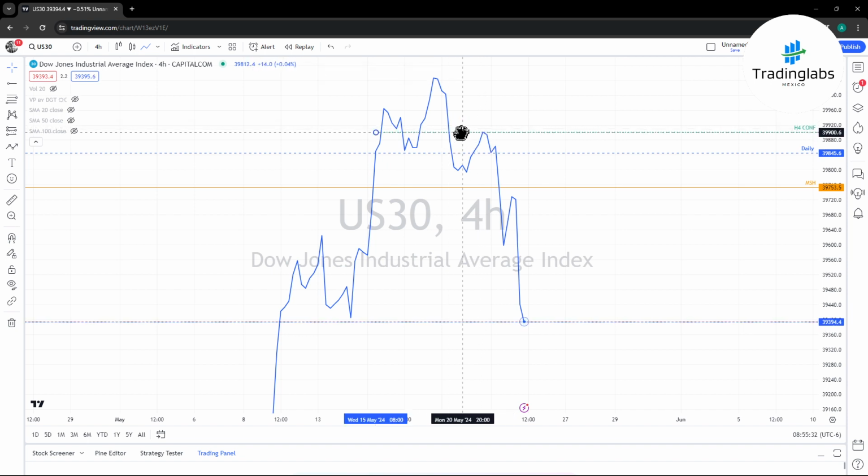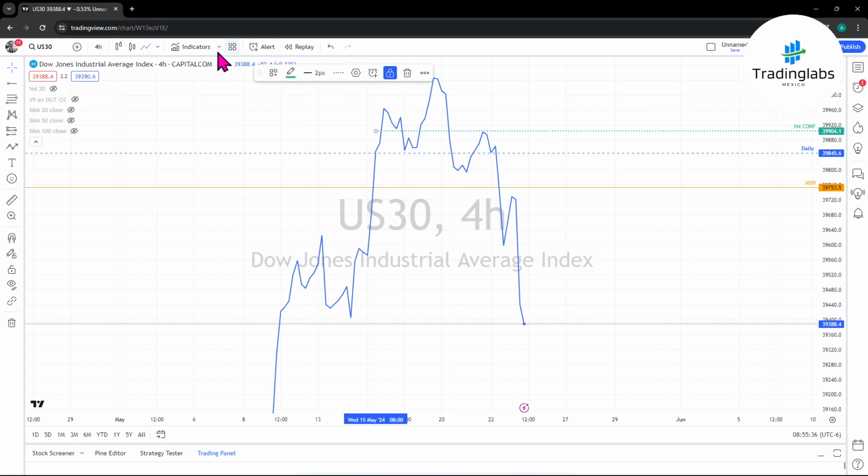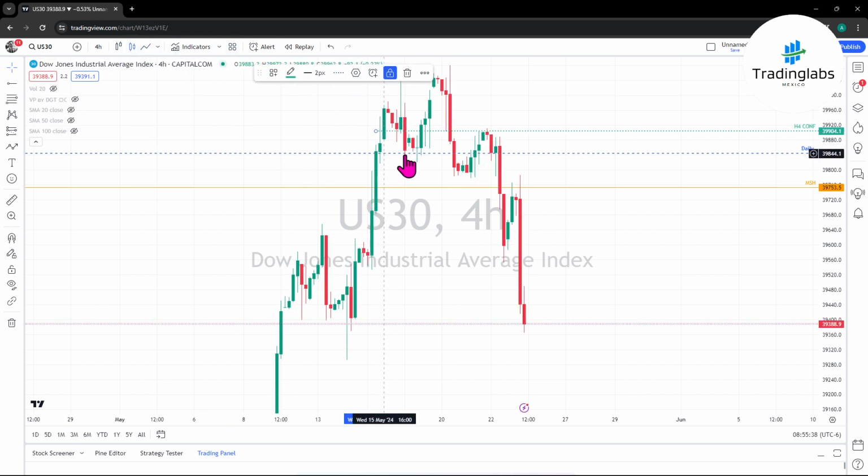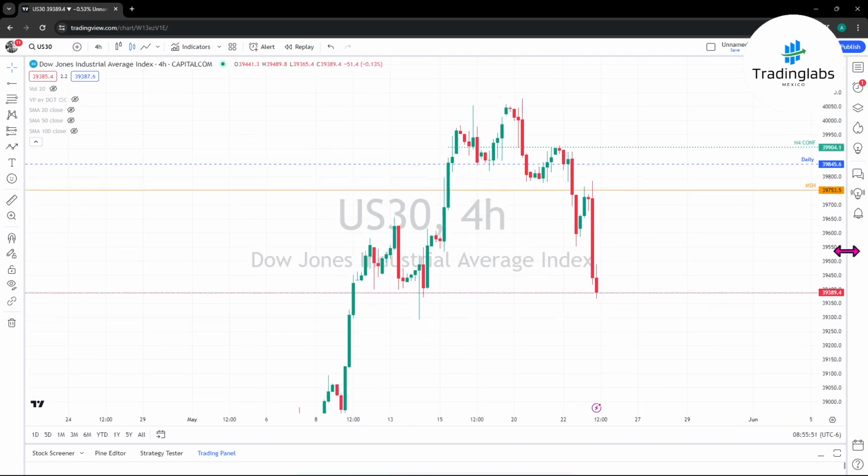Could be right over here. We look it up, and you can see a double test right over here. The price reached support, reached resistance, and boom, drop. Yesterday I shorted, and it was a good trade.